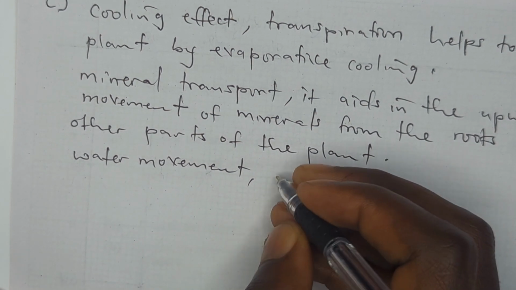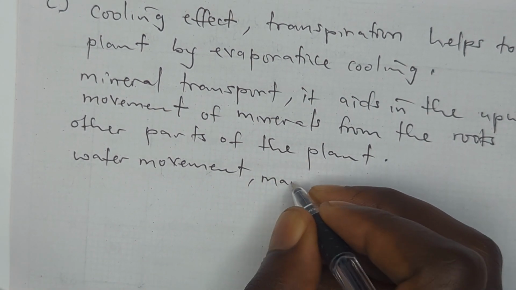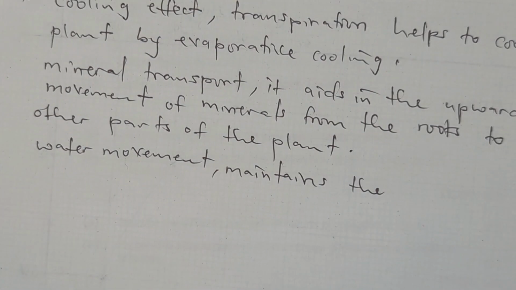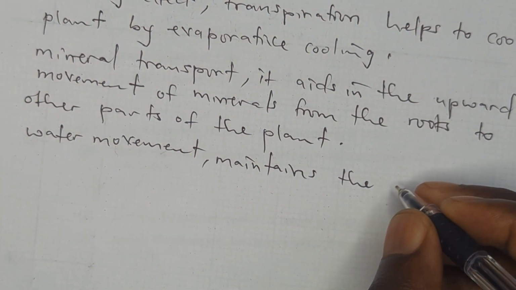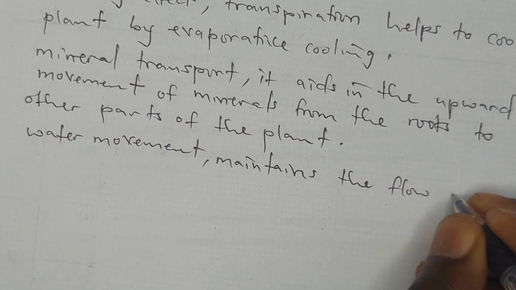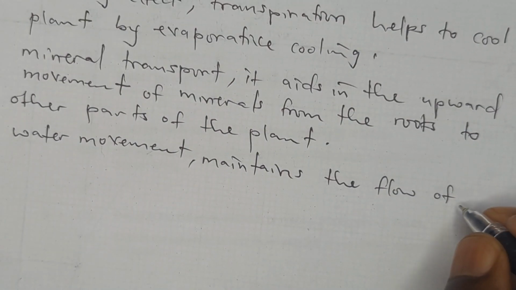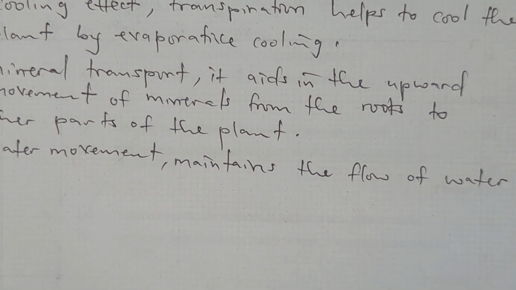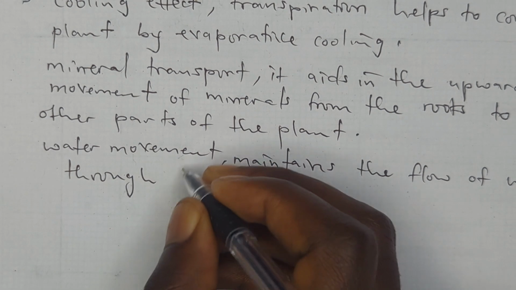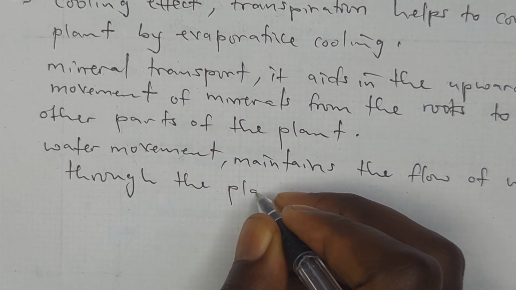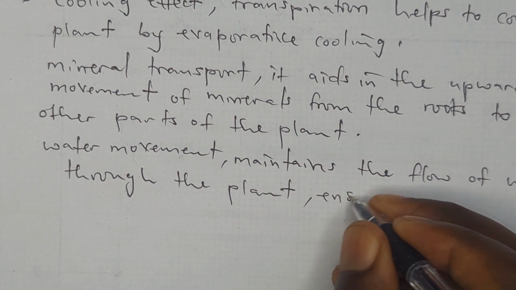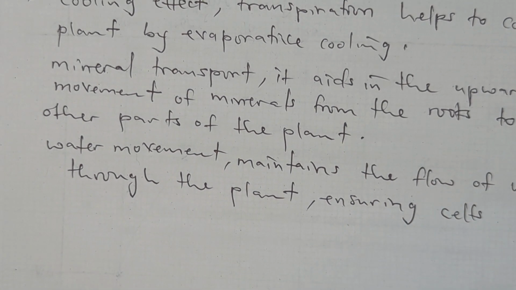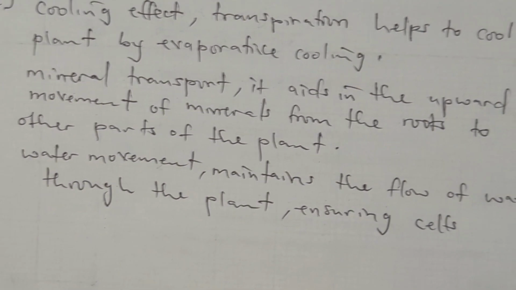Transpiration maintains the movement, or the flow, of water through the plant, ensuring cells remain turgid.